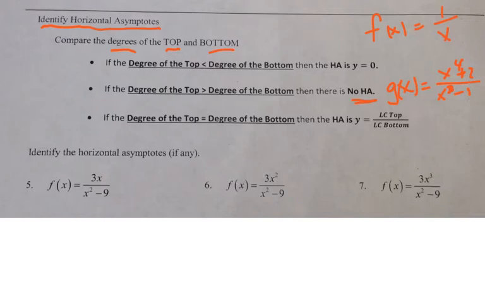Okay, if the degree of the numerator or the top is equal to the degree of the bottom, then the horizontal asymptote is y equals the leading coefficient of the top over the leading coefficient of the bottom.